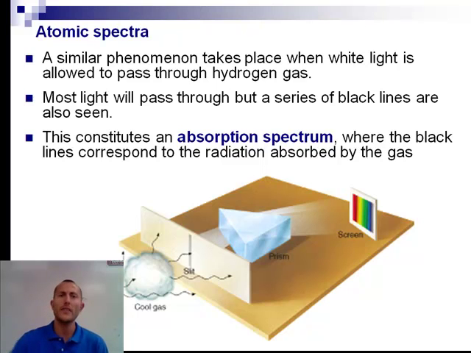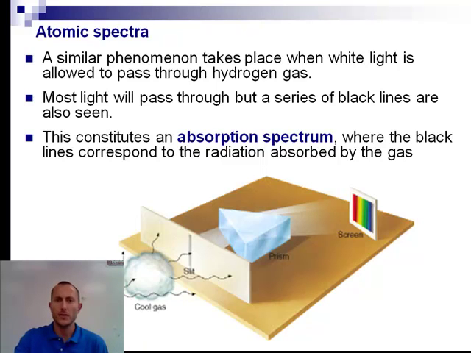They are the wavelengths of light that are absorbed when electromagnetic radiation is shown upon a gas, upon the atoms in a gas. If we were to compare the absorption and emission spectra for something like helium or hydrogen, we would see that the areas where the bright lines were for the emission spectrum were identical to the areas where there were dark lines for the absorption spectrum.